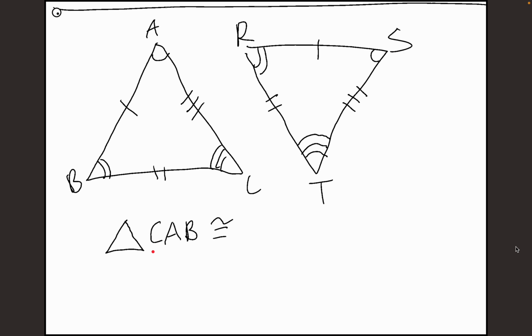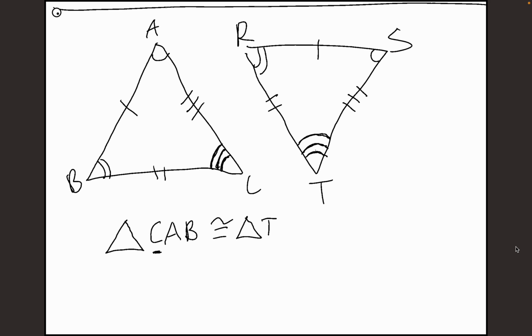My first letter is C. See how angle C right here has 3 angle marks? What angle is congruent to C? T. So if C is the first letter, T needs to be my first letter when naming that triangle, because those two angles are congruent.